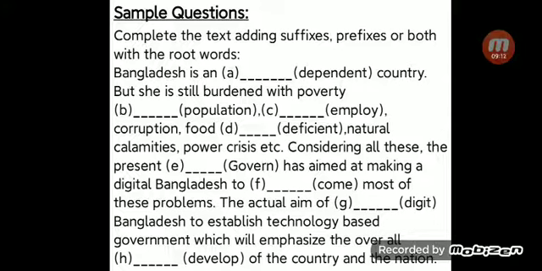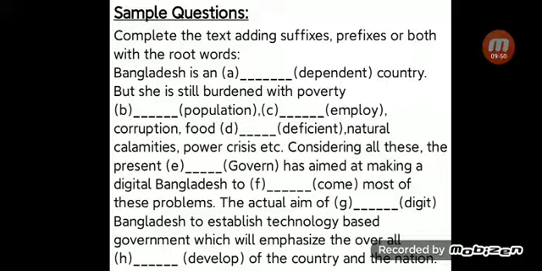B population, C employ, corruption, food D deficient, natural calamities, power crisis, etc. Considering all this, the present E government has aimed at making a digital Bangladesh to F come most of these problems.